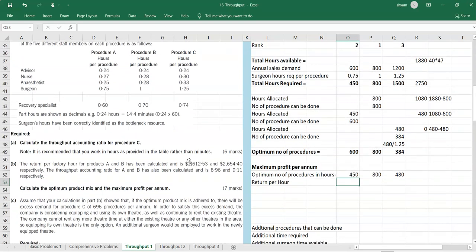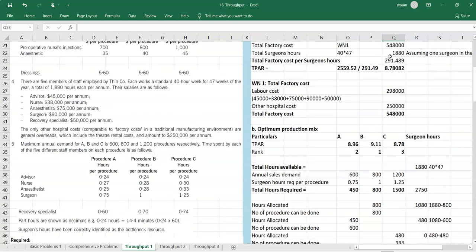Okay, the numbers are here. So this number would be 2612.53. This number here is 2654.4, and the last one, C, we have calculated it, so we have to get it from there.